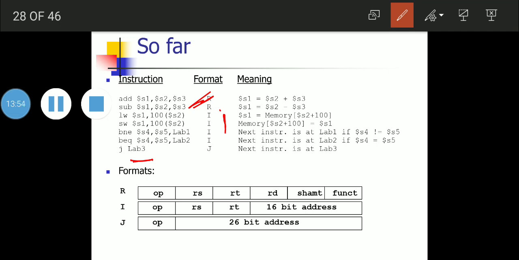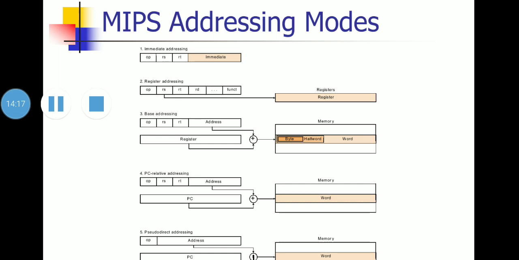And if you see the fields, the R type has 6 fields, the I type has only 4 fields, and the J type has only 2 fields.